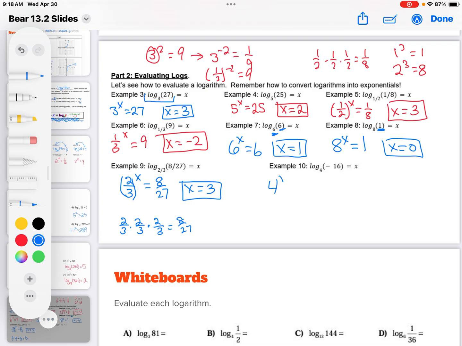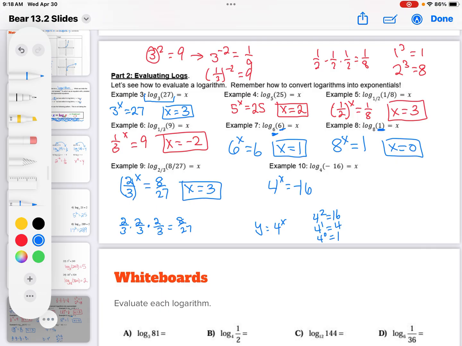All right, last one here. So 4 to the x equals -16. Well, let's see what happens here. Let me think of this a different way. Let's look at a pattern here. If I have 4 squared, I get 16. 4 to the first gives me 4. 4 to the 0 equals 1.